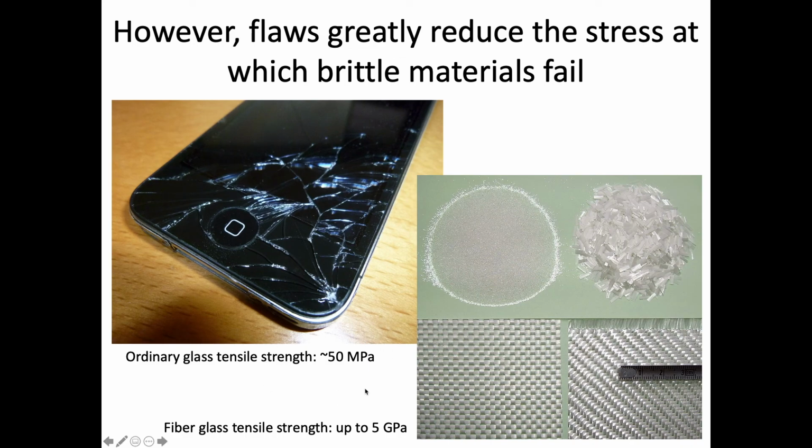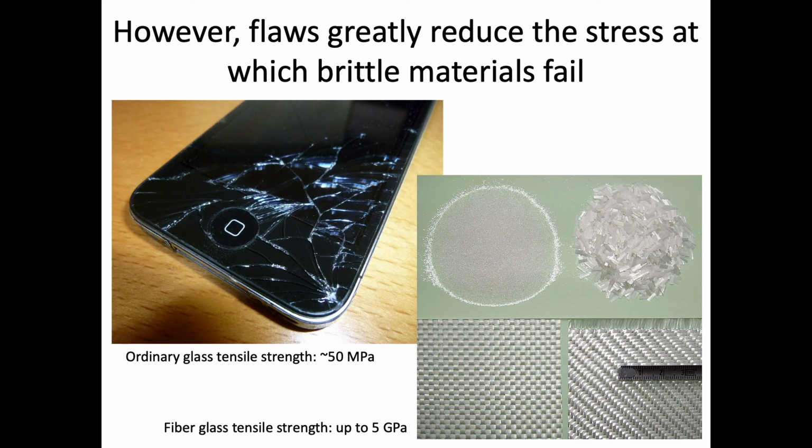The ordinary tensile strength of glass is only about 50 megapascals. Keep in mind what the values were for the elastic modulus and what the theoretical strength should be. We're on the order of 50 megapascals. That is not very high.